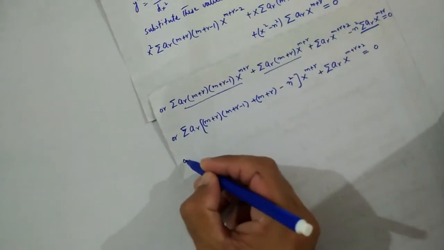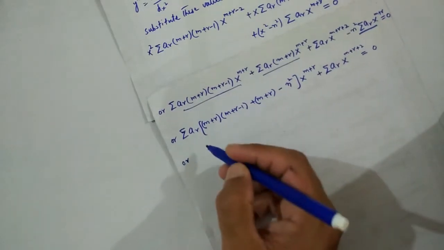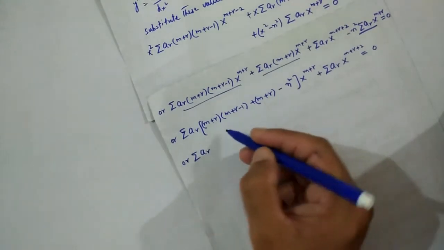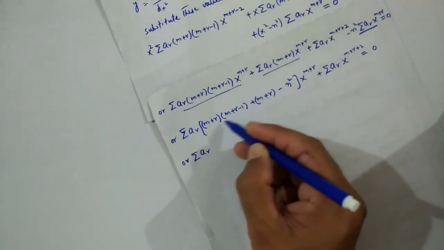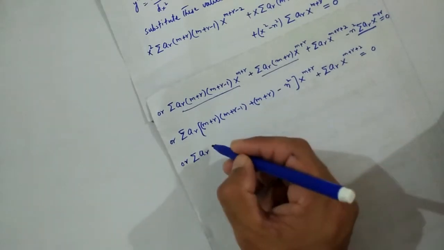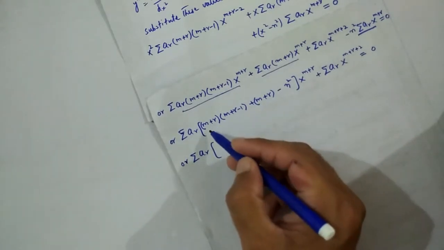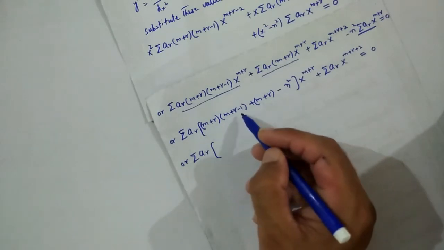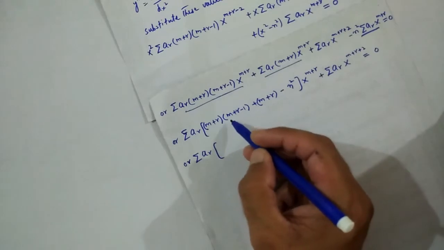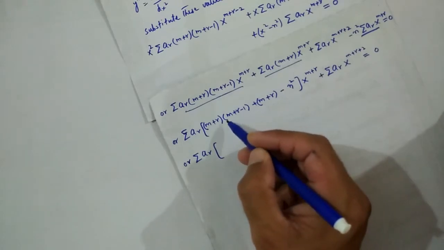Or we can also write as summation a_r. When this is multiplied and then added with this term, we get, when multiplying it with this m plus r, m plus r square minus m plus r.